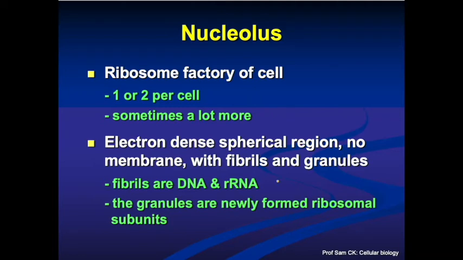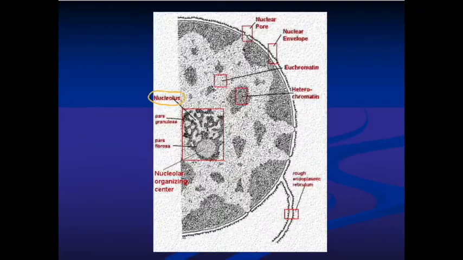There is no membrane, and it is filled with fibrils and granules. The fibrils are the DNA and rRNA, and the granules are the newly formed ribosomal subunits. You can see the dense spherical region over here representing the nucleolus, with granules and fibrils.